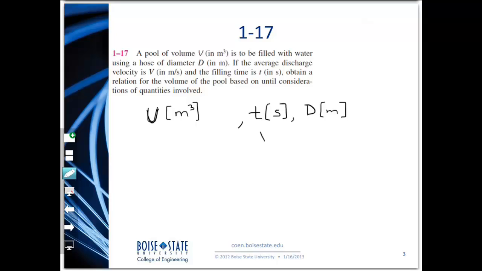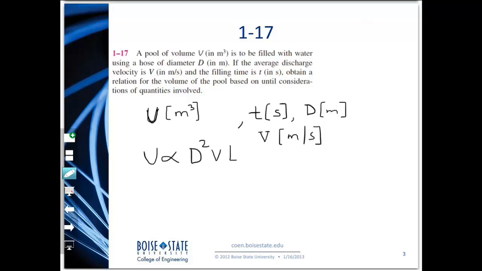Let me write it with that notation so that you don't confuse this V with the velocity v. So we want to write the volume as a function of velocity, time, and diameter. So there are several ways to do this.